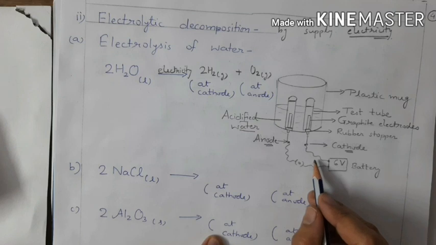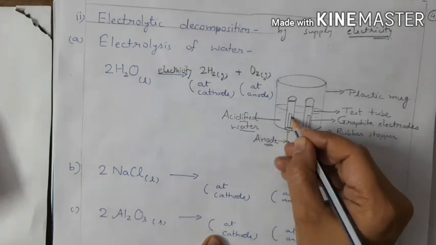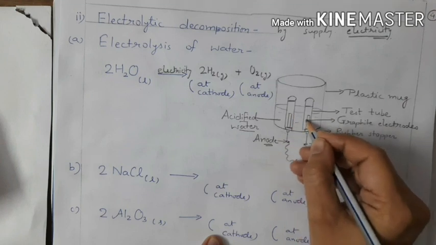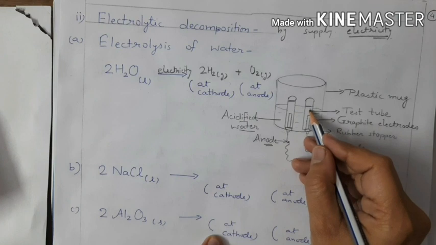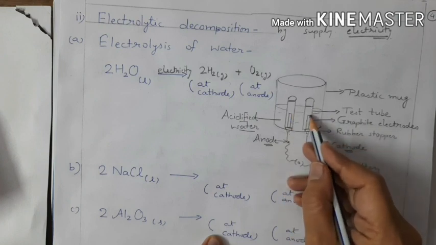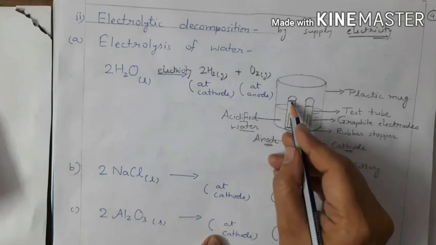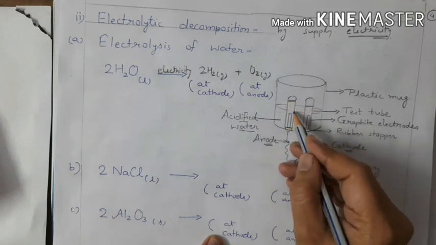Allow the electric current to pass through it. After some time you will observe bubbles at the two electrodes. Also, you will find that the water level in the test tubes starts falling down. As you observe this, you will notice that some gases are being collected in these two test tubes.